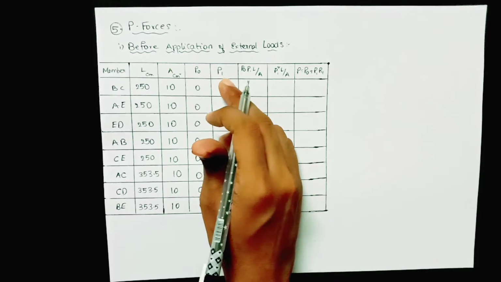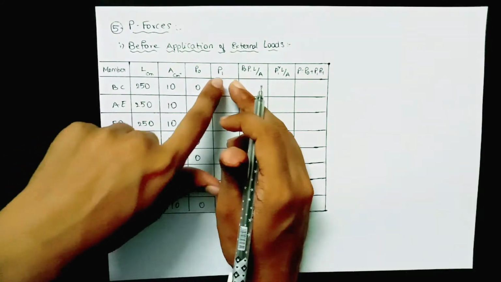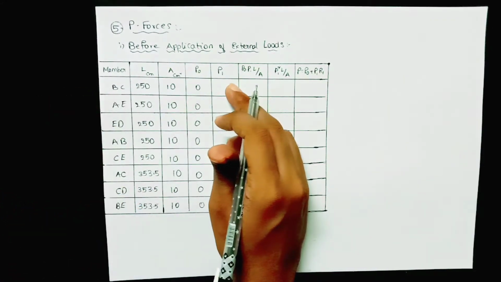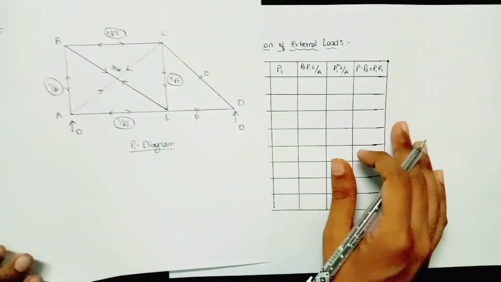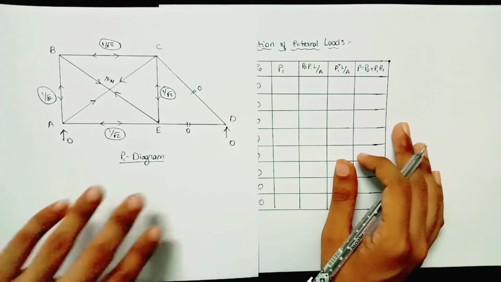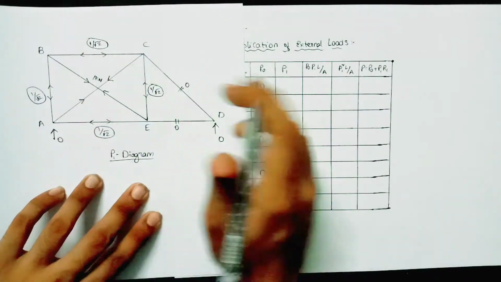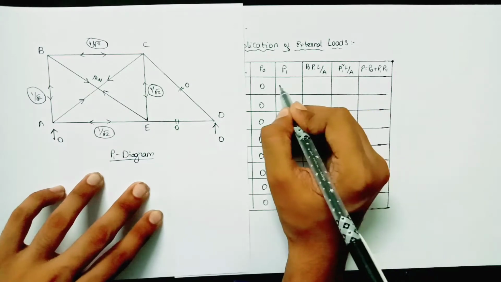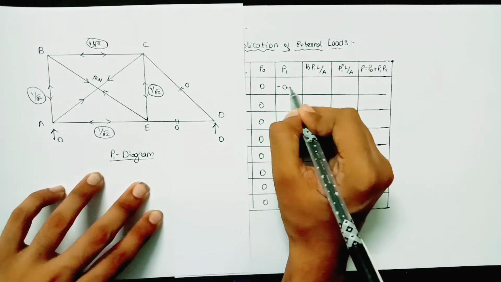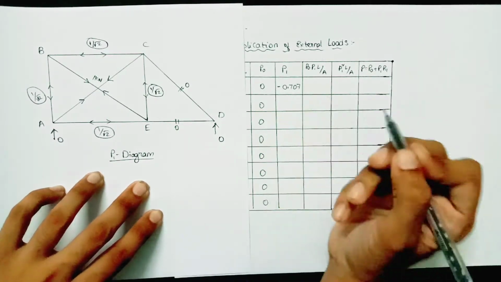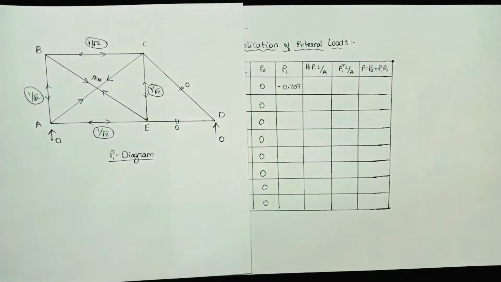Next, the P1 value for each member. For example, the P1 force for member BC is obtained from the P1 diagram. You can see here, this is the P1 diagram, and the P1 force for the member BC is 1 by root 2. Since it is in compression, we will write minus 1 by root 2, that means minus 0.707.